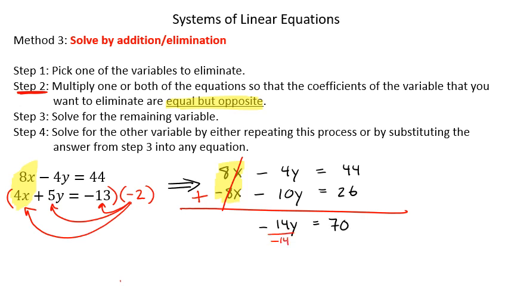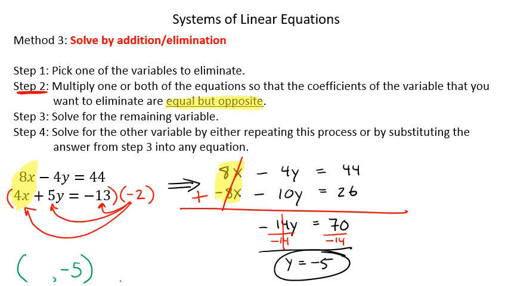Divide both sides by -14. So we get y is equal to -5. Well, there's half of our answer. We know our answer is going to be a point. And the y value is -5.